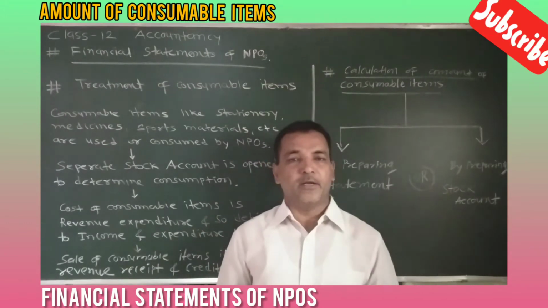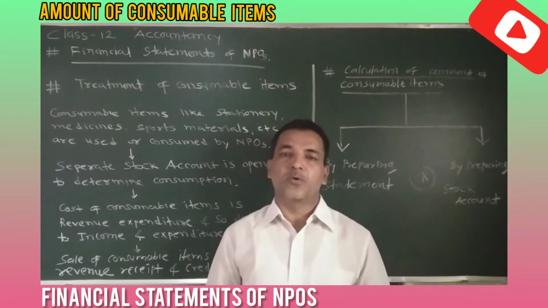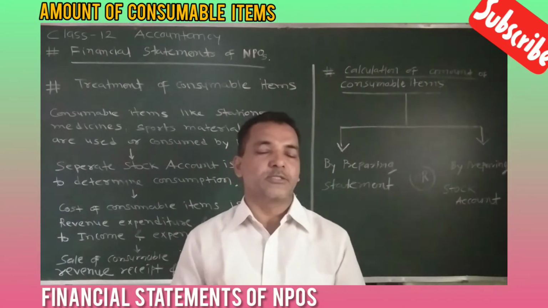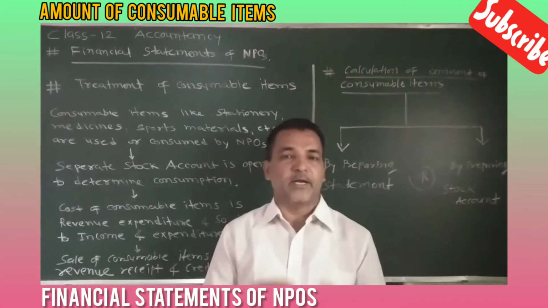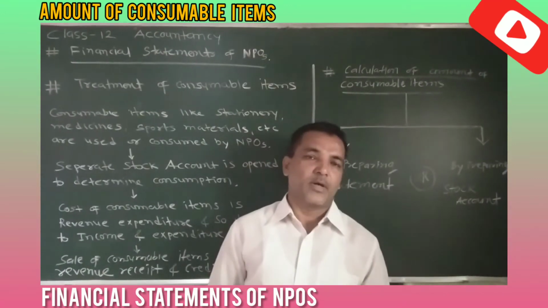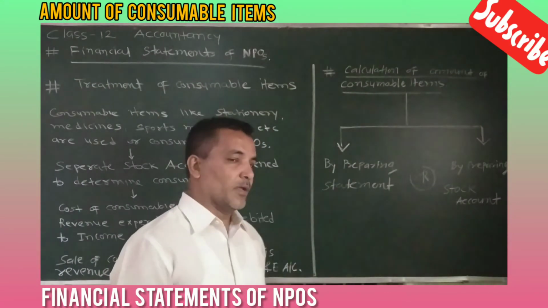To that, you will add purchases made during the year, and from that, you will subtract the closing stock of that consumable item. So you will get the consumption during the year. And that consumption you can write on the expenditure side of the income and expenditure account. So this is one way, by preparing a statement.